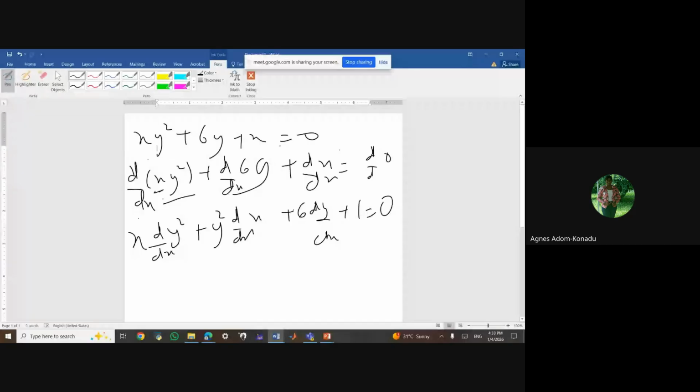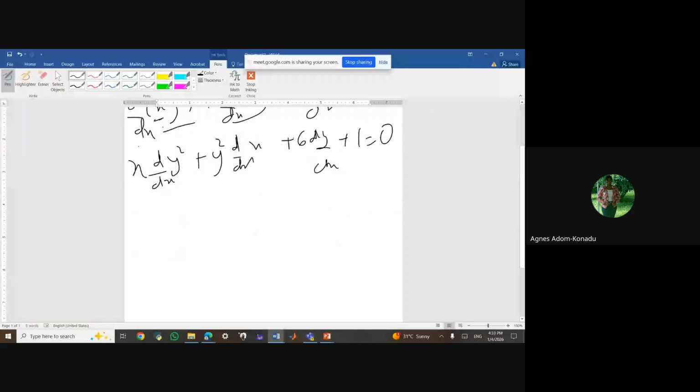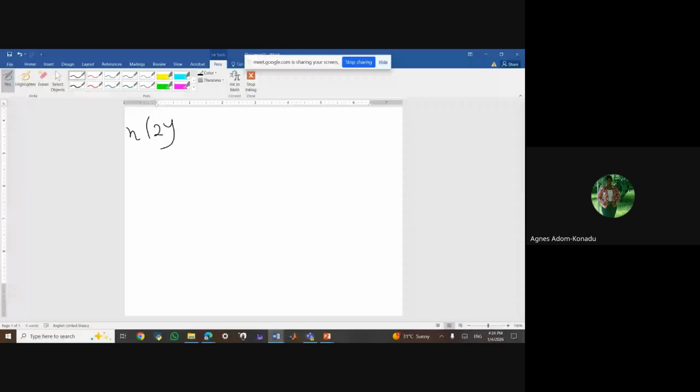Okay, so let's come here. When I differentiate, I have my x. So this is, I have y squared. And I know that when I differentiate this, I have to bring the 2. Then I have y to the power 2 minus 1, which is 1, times the differential of my y, which is y prime.